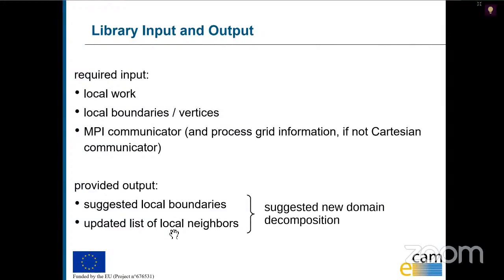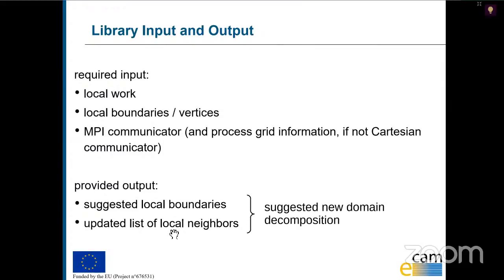Another thing we need is the MPI communicator, which also, of course, only needs to be provided once. And if the communicator is not Cartesian, also information about the process grid. So how many processes are there in each direction?